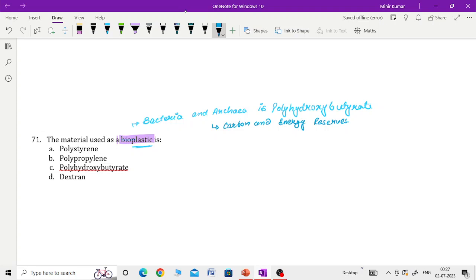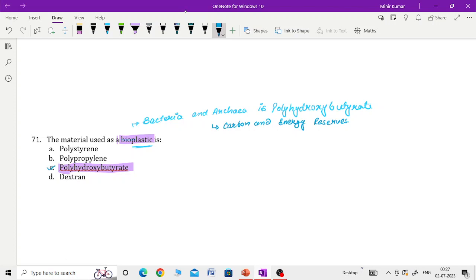But this compound is also used as a bioplastic because it is a biodegradable material. The correct answer for this question is polyhydroxybutyrate.